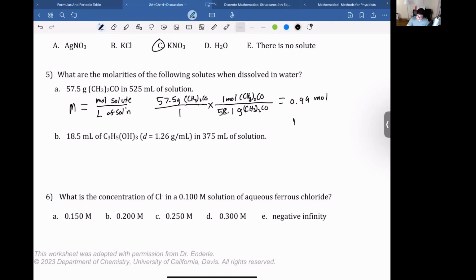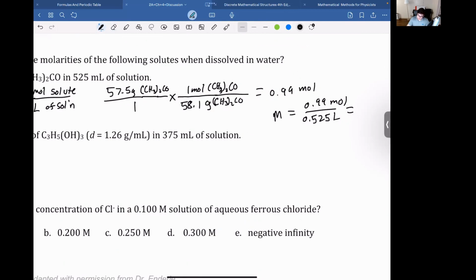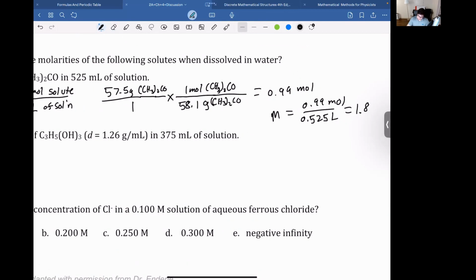Then we plug this in. Molarity is equal to 0.99 moles. Keep in mind your units. This is milliliters, this is liters, so convert: 0.525 liters. And then you get 1.89 molar.